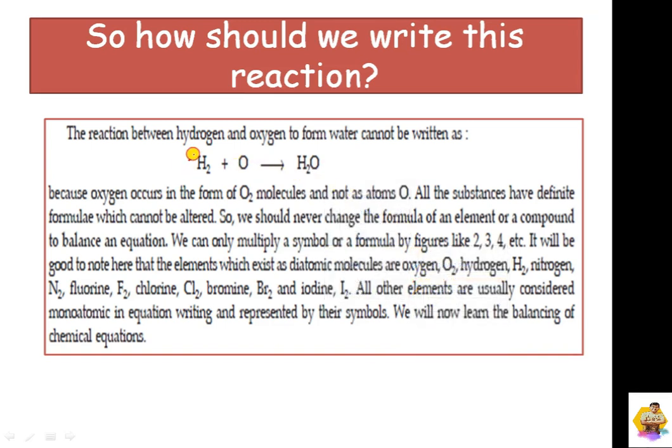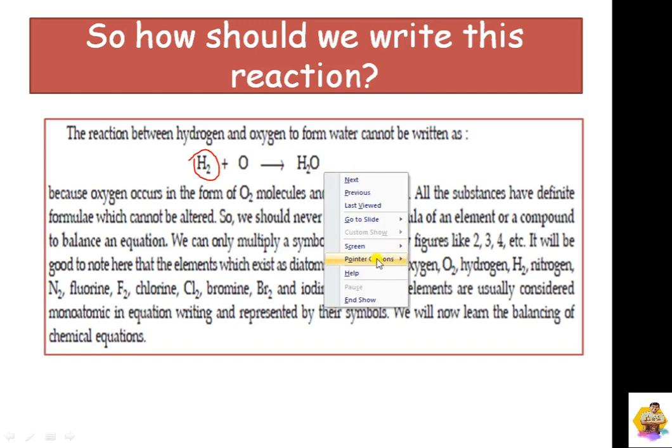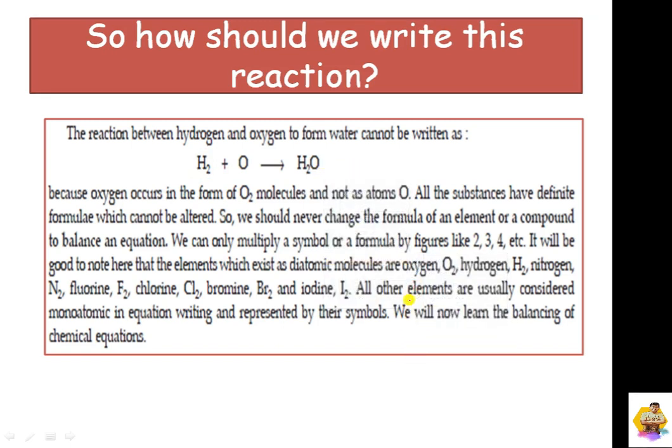Suppose we have hydrogen, H2, and oxygen, O. It can be written as H2O. Now in this case, the number of hydrogen and oxygen atoms on both sides are equal. But we cannot do this, because we all know that oxygen is a gas, and oxygen always remains as O2.